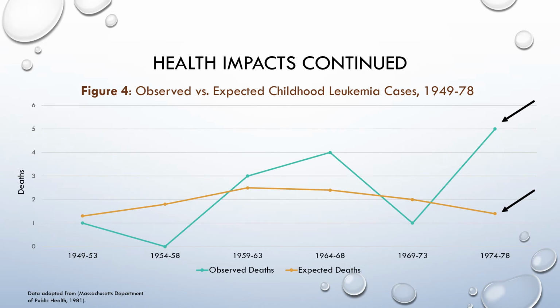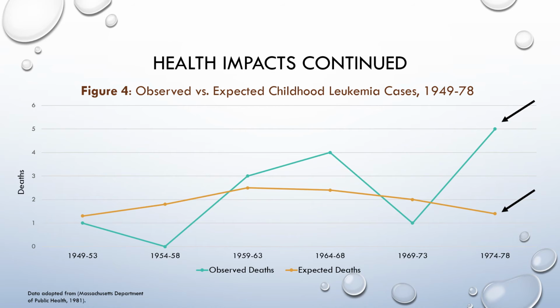And if we look at this temporally over time, that is, in figure 4, this is a line graph that demonstrates the observed and expected number of deaths from leukemia in children from 1949 all the way through 1978.